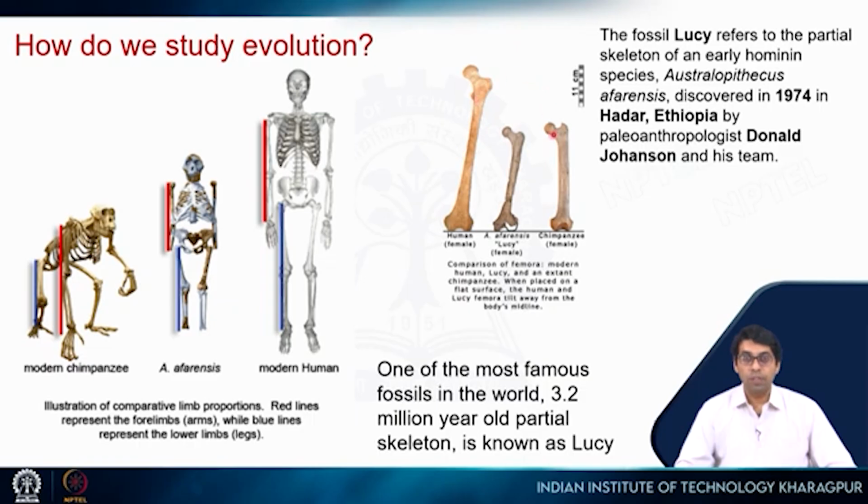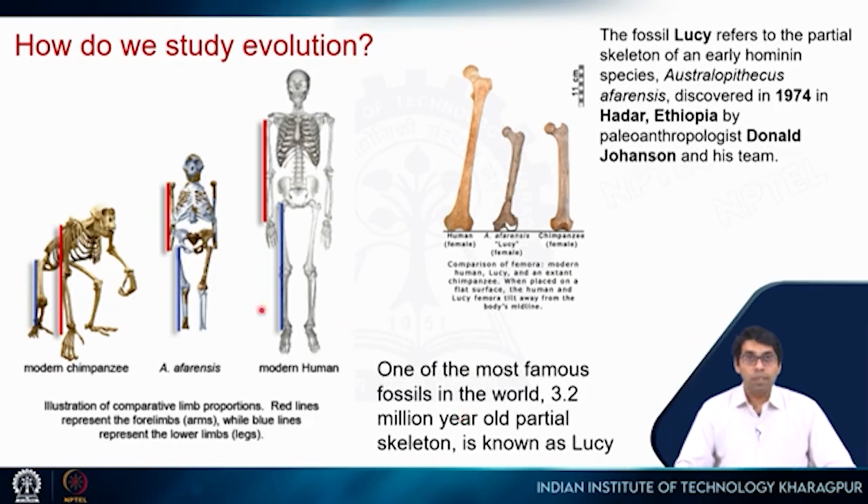So these two species, and we know when the chimpanzee appeared and when the first human species appeared, this is something in between, and then we can do carbon dating to know how old this fossil is. This is actually one of the most famous fossils in the world. It is a 3.2 million year old partial skeleton called Lucy.